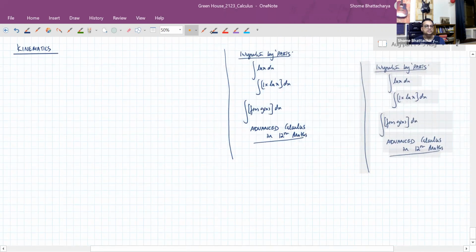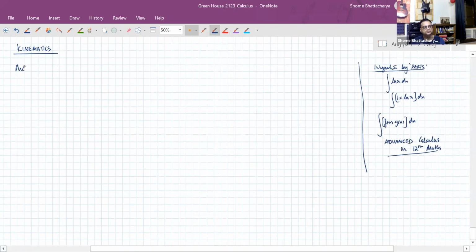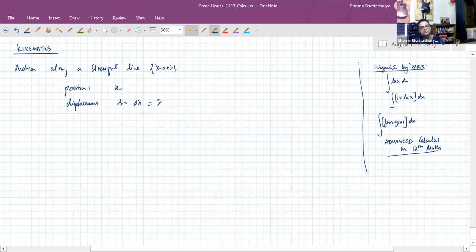So we had started with motion along a straight line. And in that we had started by understanding that suppose that straight line is the x-axis. Then the position at any instant, the instantaneous position, is designated by the x coordinate. The displacement in any interval of time becomes the change in the x coordinate, the final x coordinate minus the initial x coordinate.